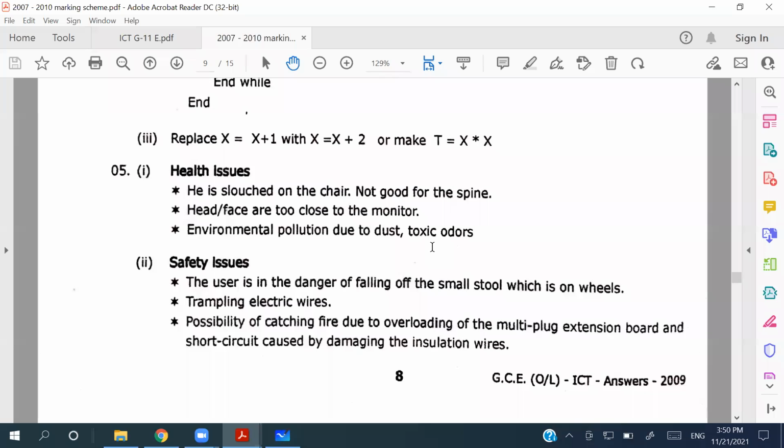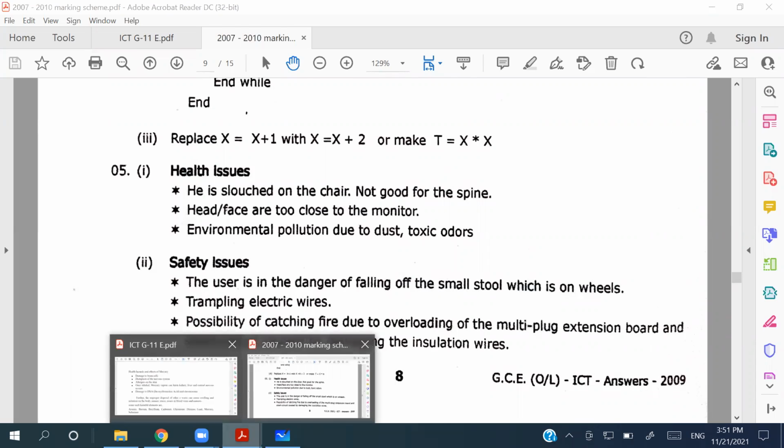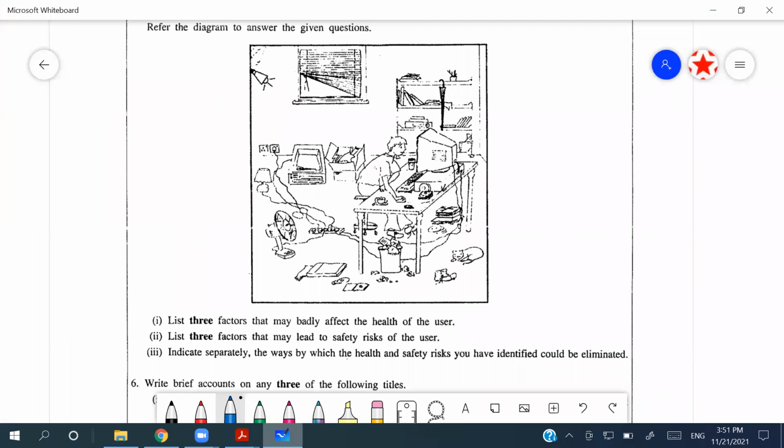It hurts the eyes, and headaches can be there. Sprain problems, musculoskeletal problems, those can be taken as the correct answers. So in the question, how much were they asking? 3 factors.